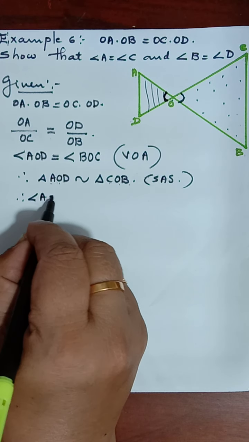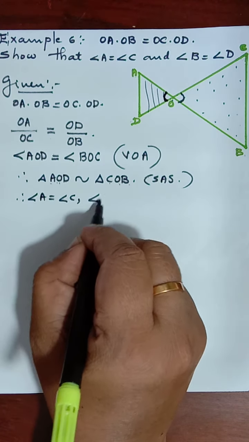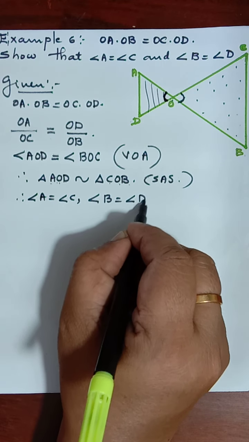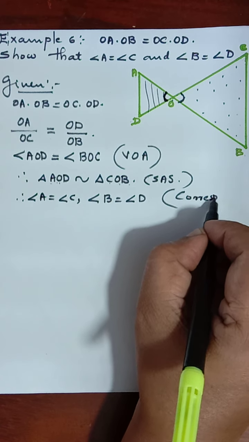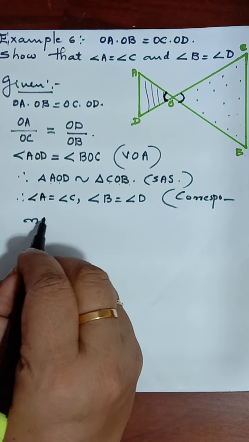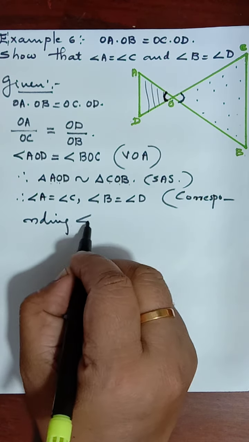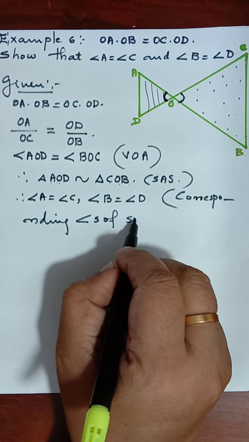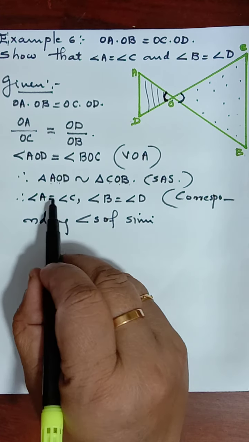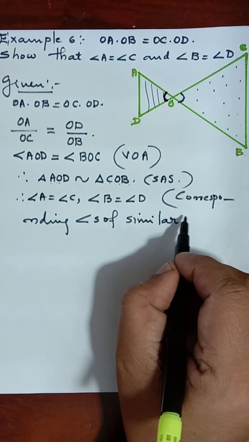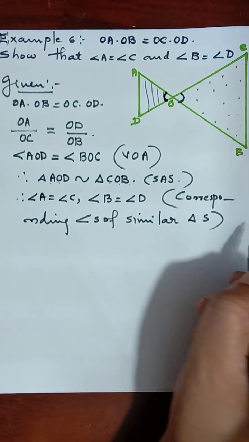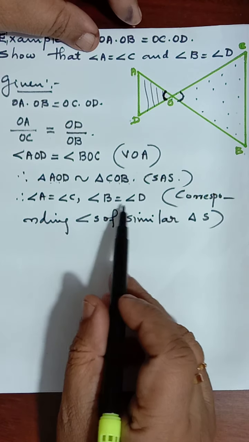Therefore, angle A is equal to angle C, angle B is equal to angle D. Reason, corresponding angles of similar triangles are equal. You don't need to write that similar triangles are equal, already we have proved here.